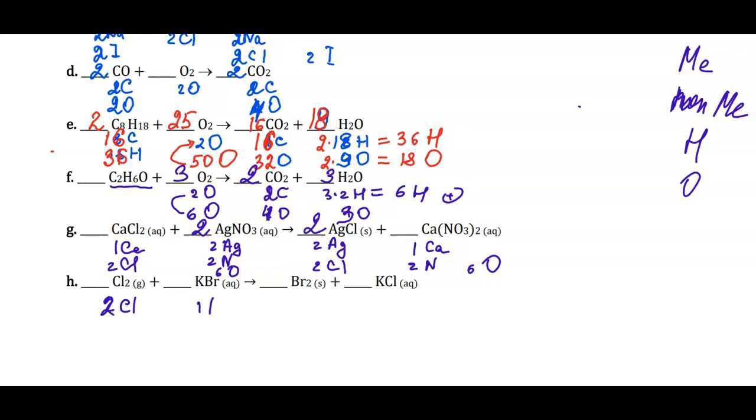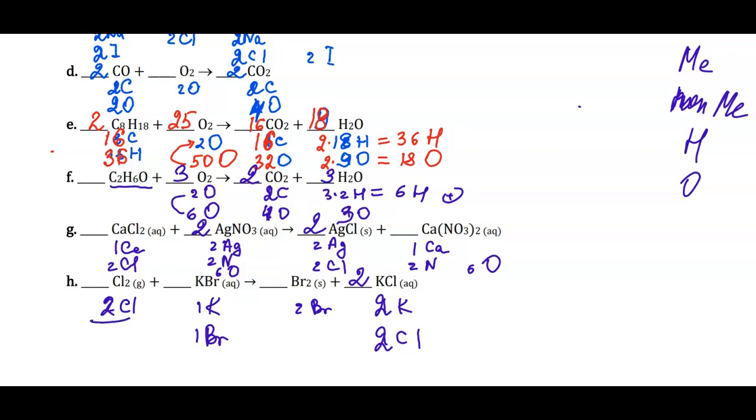Okay, 1 potassium, 1 bromine, 2 bromine, 1 potassium, 1 chlorine. Okay, 2 chlorine here, 1 chlorine here, additional coefficient 2. 2 potassium, 2 chlorine, it's now here.